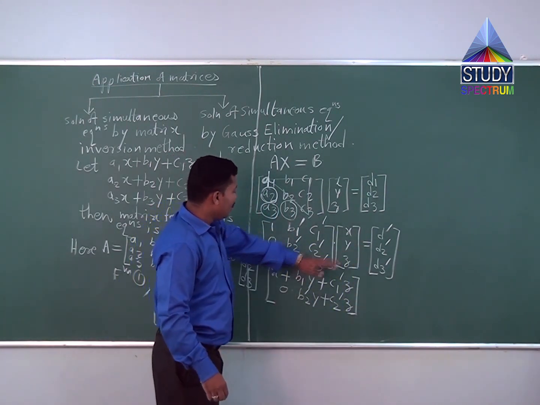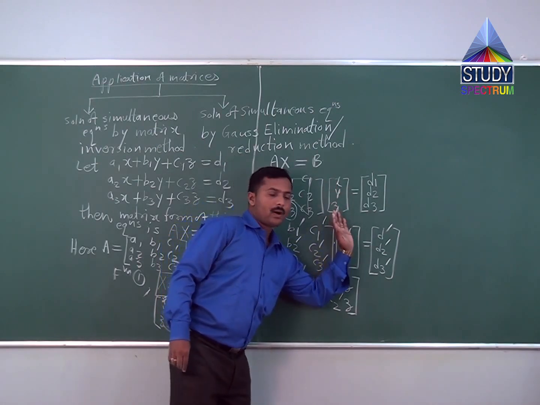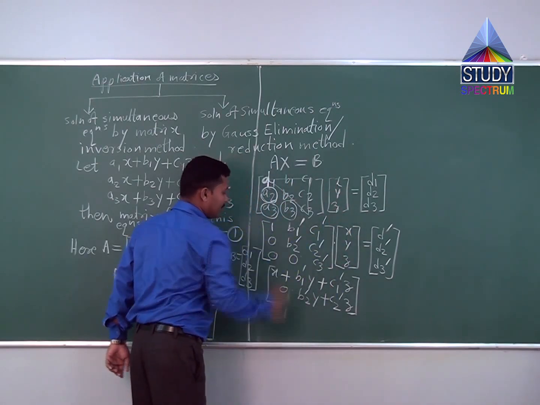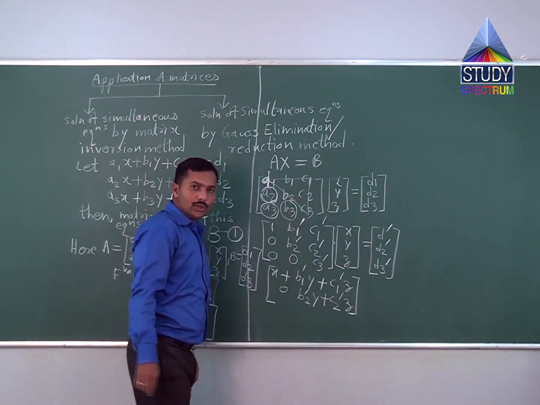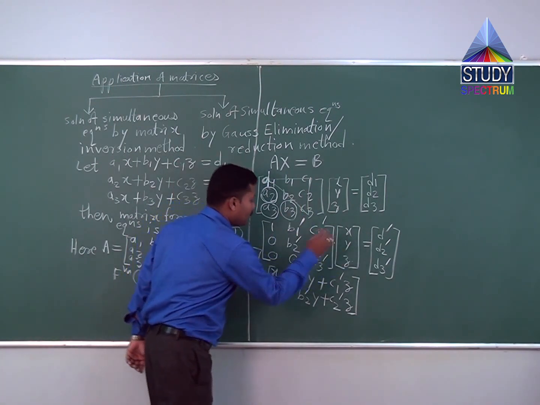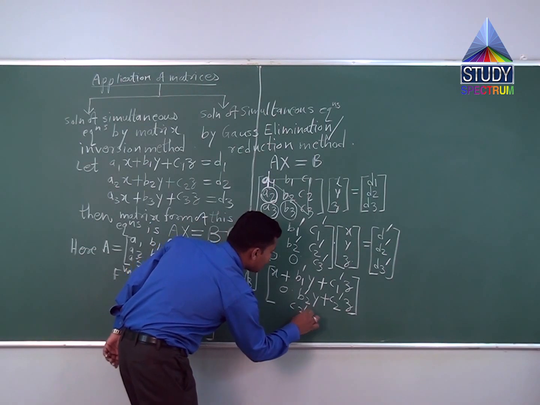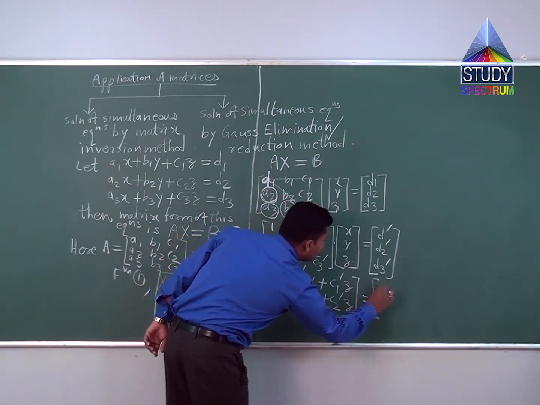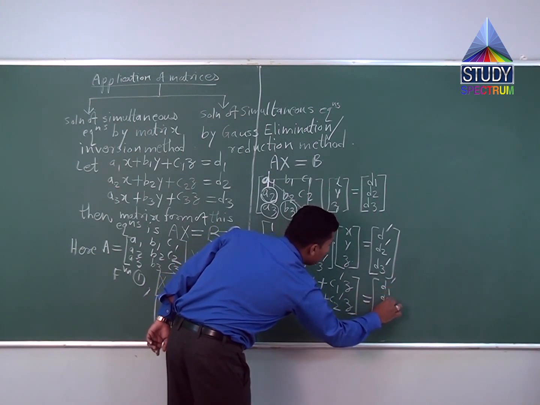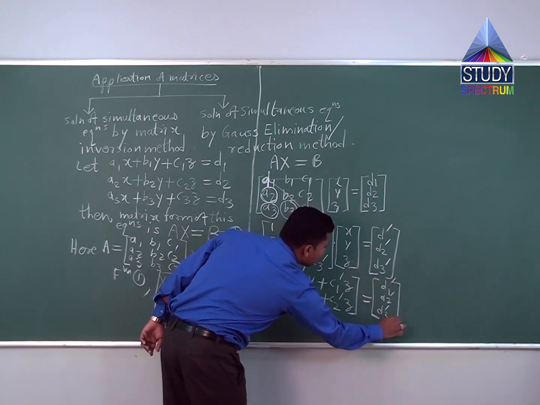And last, third row: 0 into x, 0, plus 0 into y, 0, and c3 dash into z, c3 dash z, equal to d1 dash, d2 dash, d3 dash.